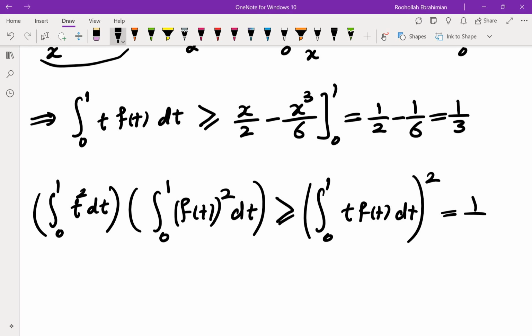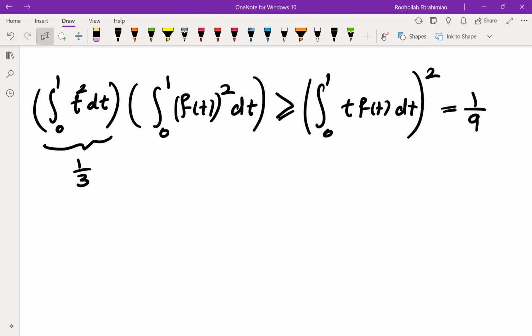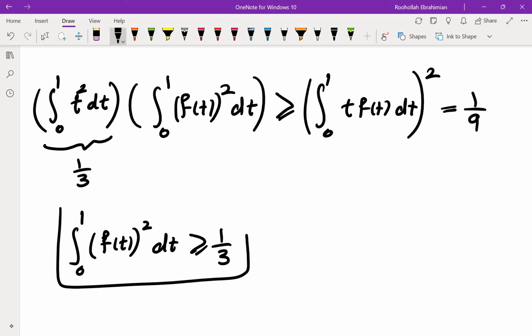This is Cauchy-Schwarz. And this is 1/9. This one is 1/3. So if we divide both sides by 1/3, we get the integral from 0 to 1 of f of t squared dt is greater than or equal to 1/3.